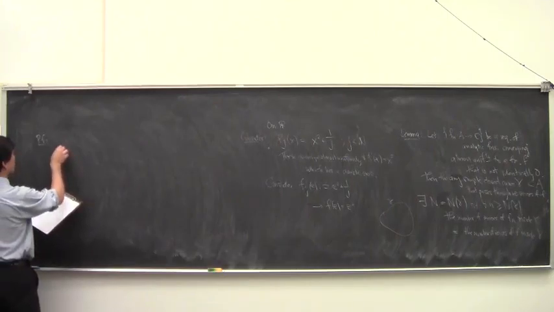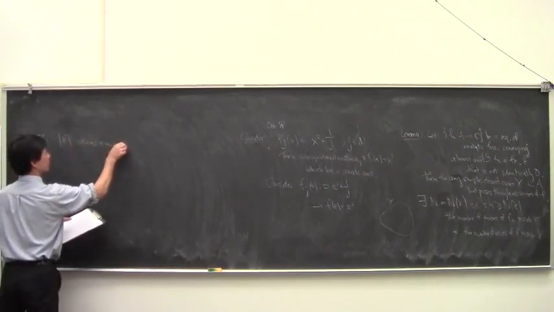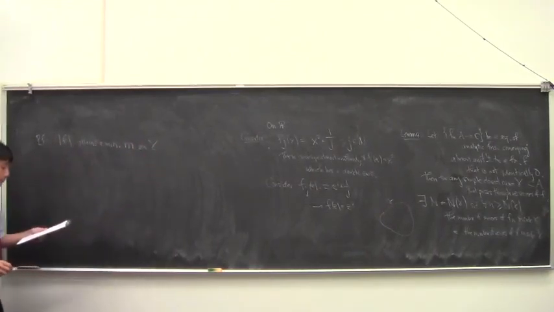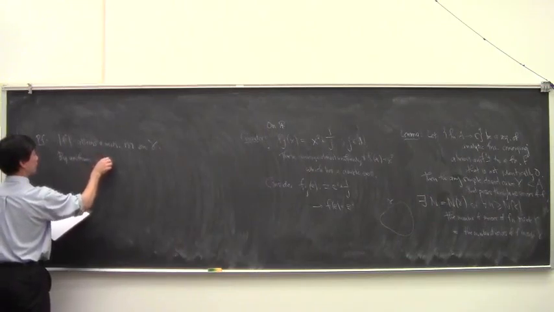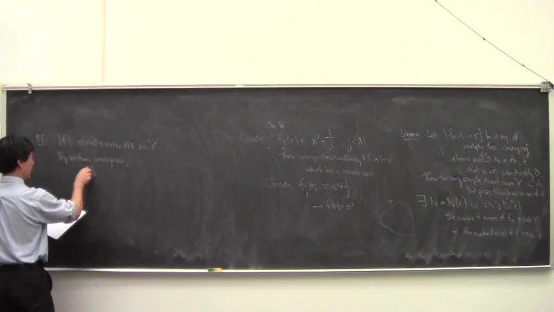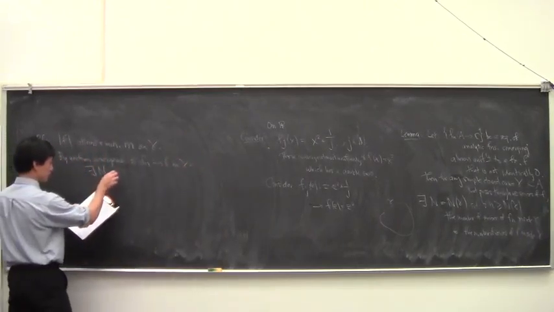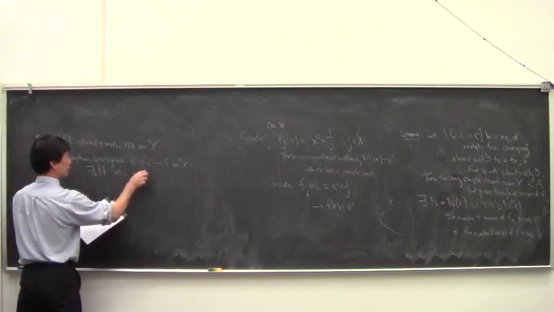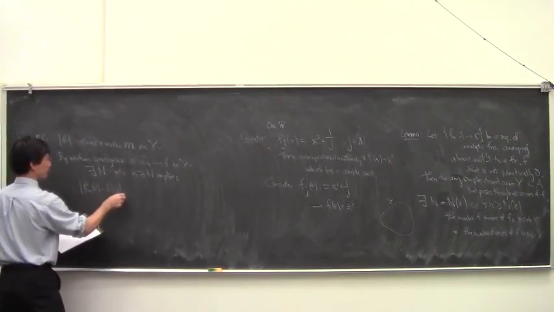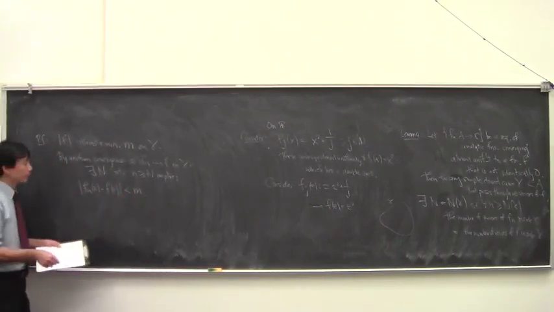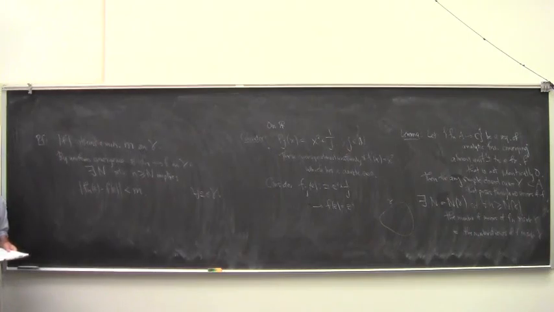Here's the proof. The modulus of f attains a minimum on gamma. By uniform convergence of f sub n to f on gamma, there exists an N such that n bigger than N implies that the modulus of f_n minus f is smaller than that minimum everywhere on gamma.